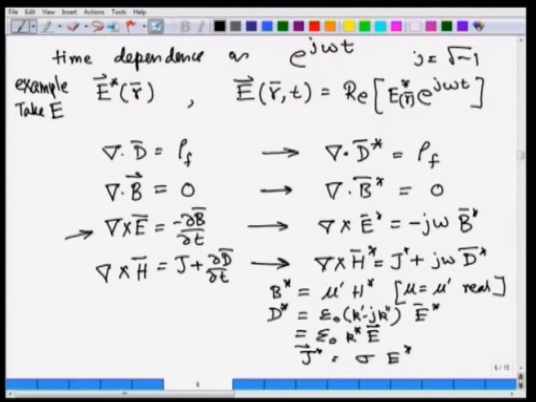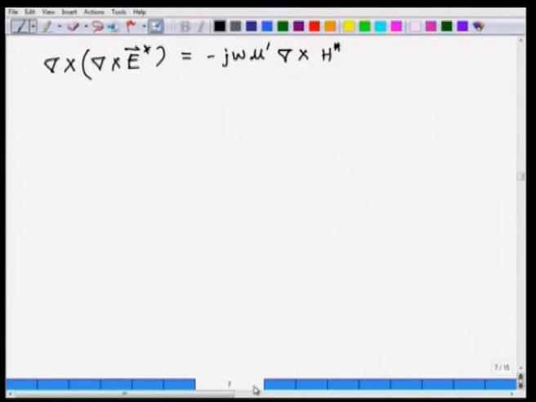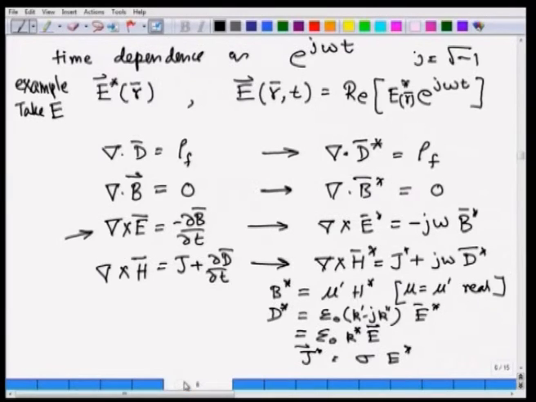So I am taking this out of the curl, and hence I am writing this as minus j omega mu prime curl of H. But we know what curl of H is, so then we write this also as minus j omega mu prime, and we will write curl of H from here as j plus j omega D.